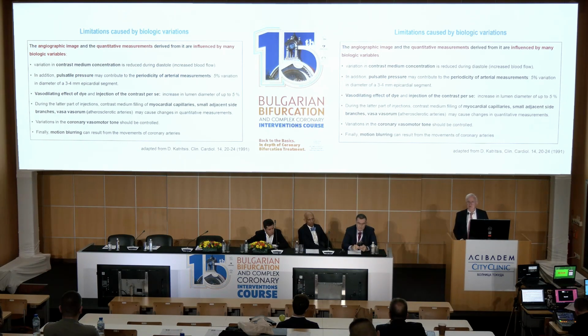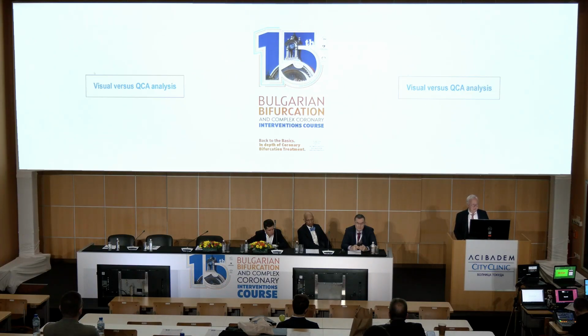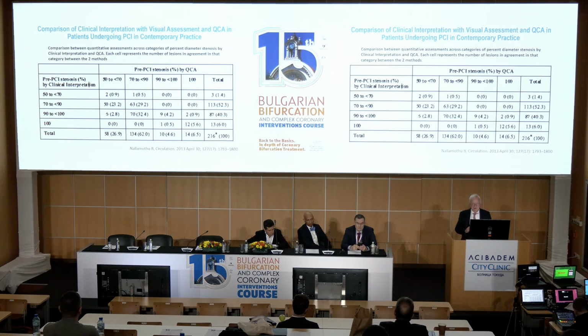So the angiography is far from perfect to describe all the complexity of the bifurcation, of the coronary angiography. Visual versus QCA, this is very complex. I said already this morning, you see the lesion tighter than it is, compared with QCA.